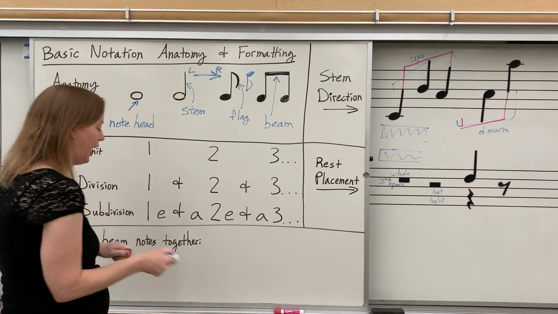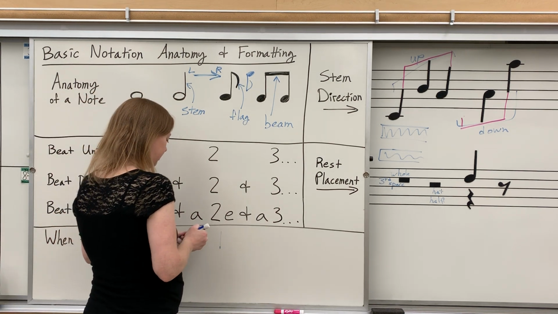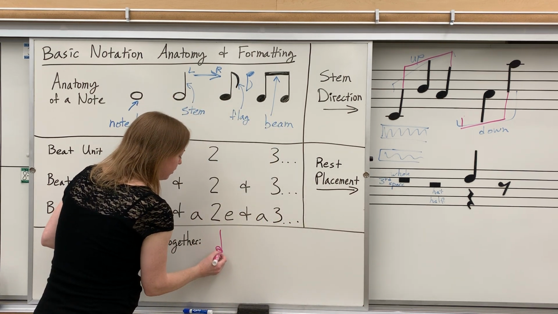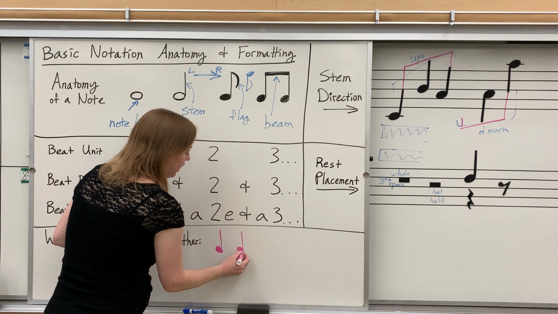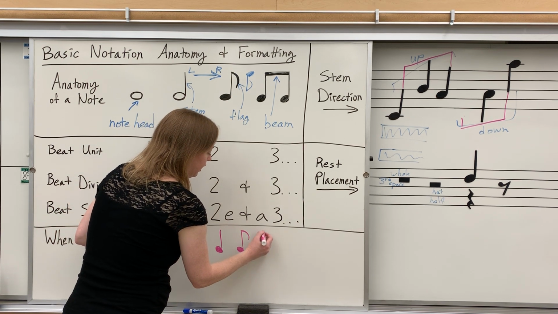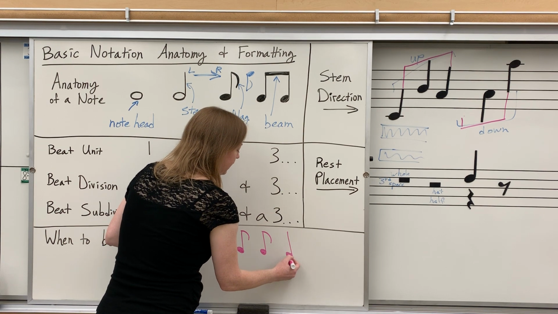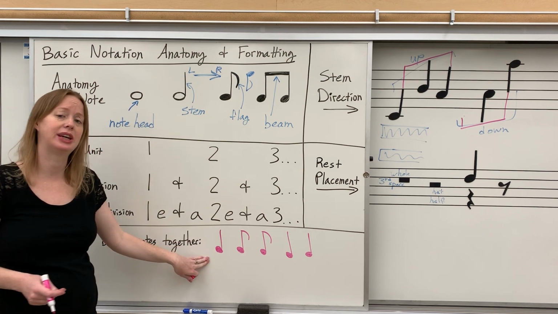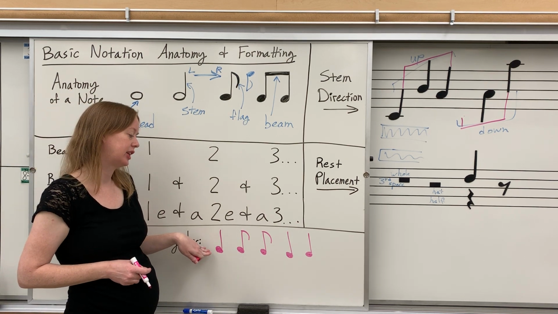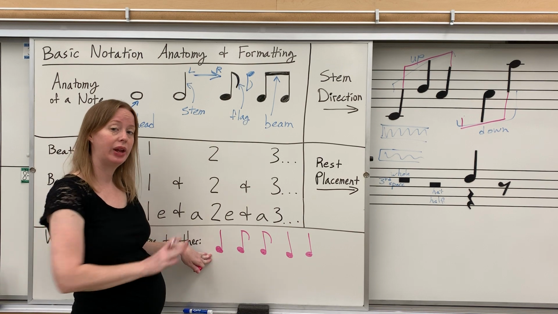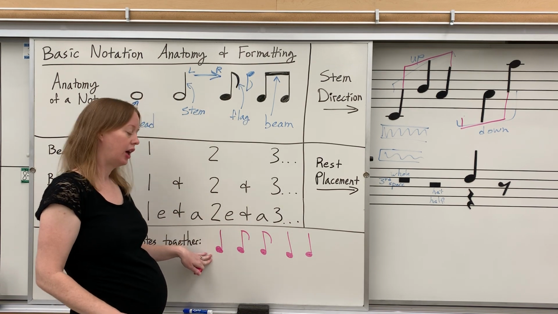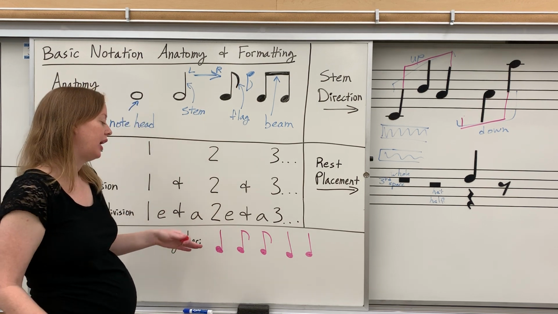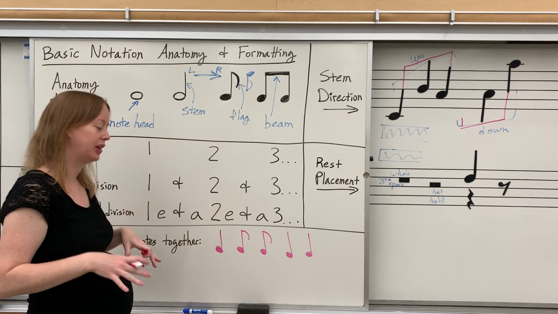So if I was going to have a quarter note, an eighth note, an eighth note, and a quarter note, and a quarter note in one measure. To my eyes, this looks like I have 5 beats when I'm going very, very quickly sight reading. Obviously, it's not 5 beats because 2 of them are eighth notes, but it makes more sense for our eyes to group things together.